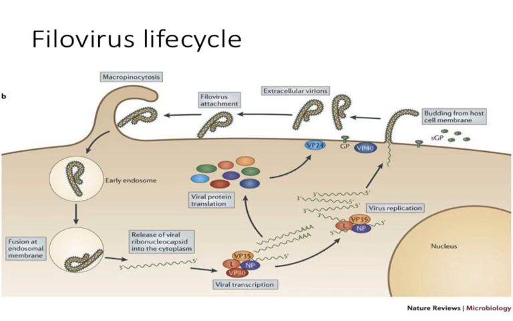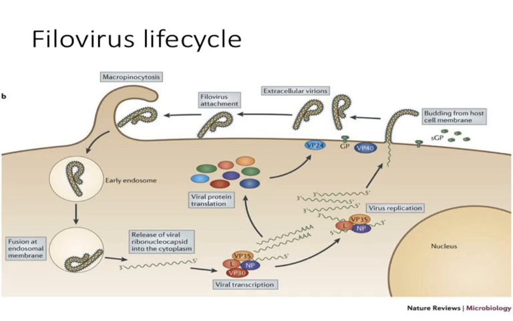And at that point, the GP and the envelope remain as part of the endosome, and then the nucleoprotein, L, VP24, 35, 30, 40, I'm missing something maybe, but all of those proteins exit here into the cytoplasm. This is kind of a misleading image, because this shows the negative single-stranded RNA unbound.